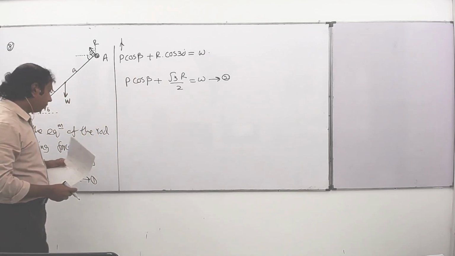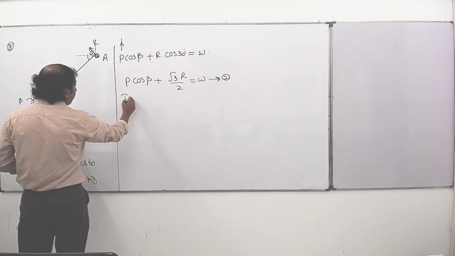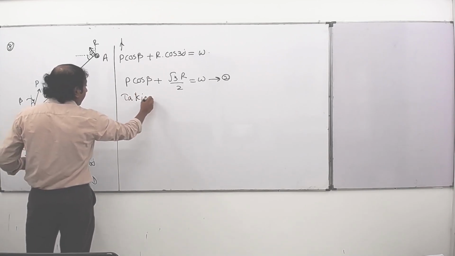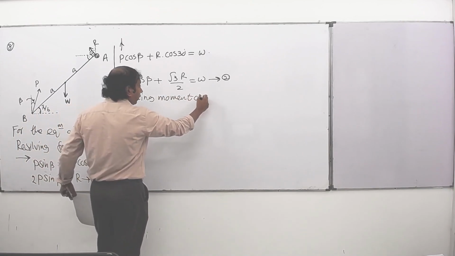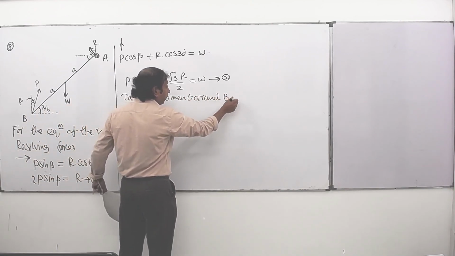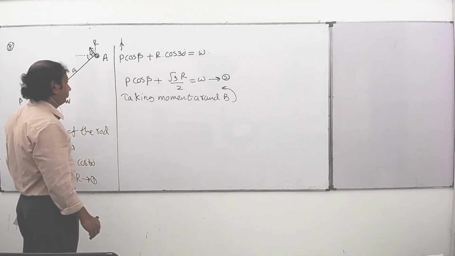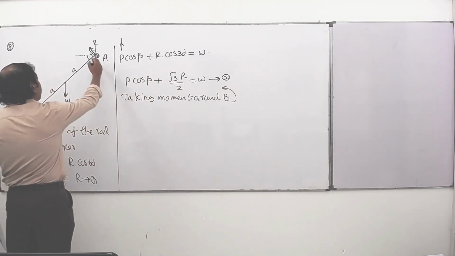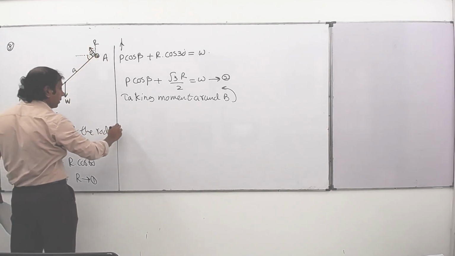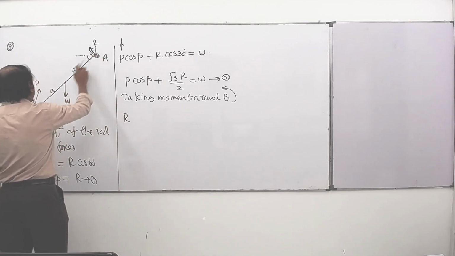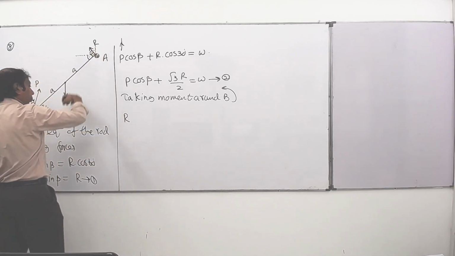Now we take moments around B. Take the anticlockwise sense. This R is already perpendicular to the rod. When you take moment around B, R will give an anticlockwise moment, R into 2A.